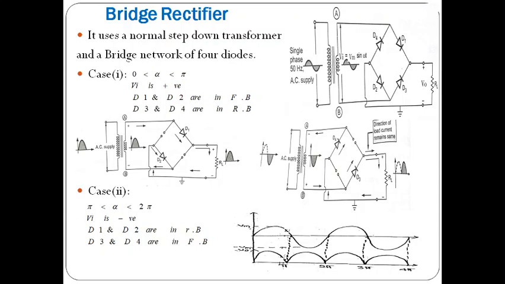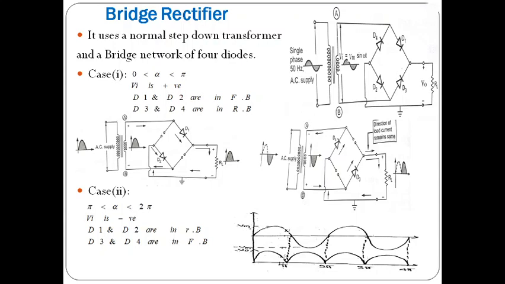Now consider case 2, the time period of π to 2π. In this we are applying the negative half cycle. During the negative half cycle, diodes D3 and D4 are both forward biased, and diodes D1 and D2 are reverse biased. That means D1 and D2 are open circuited and D3 and D4 are short circuited. You can observe the equivalent diagram in the slide.